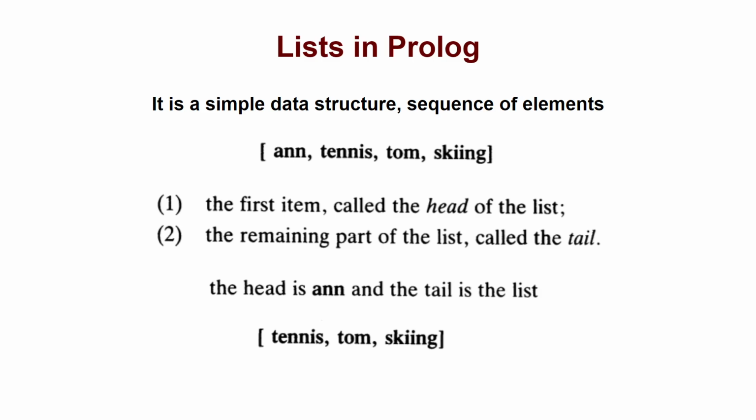In this example list, Anne is the head of the list, and the remaining list is the list with elements tennis, Tom, and skiing. Then we conclude that this list, tennis, Tom, skiing, is the tail of the initial list.